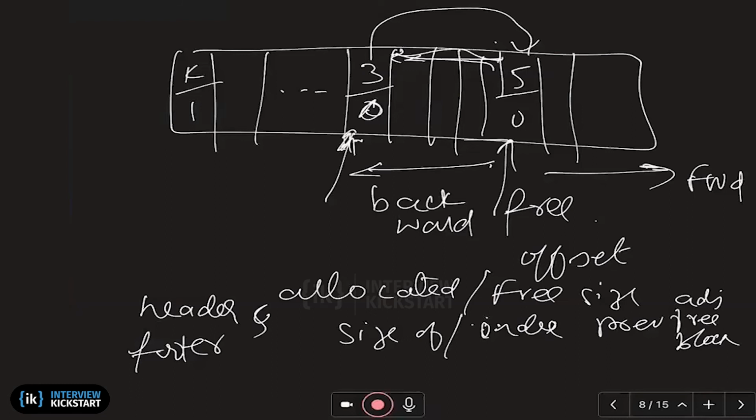And there is a lot of locking that one needs to do because of the pointer manipulation, and you might not want to do that in the memory that is allocated to the application. So it's a typical practice to keep bookkeeping data separate from application memory.